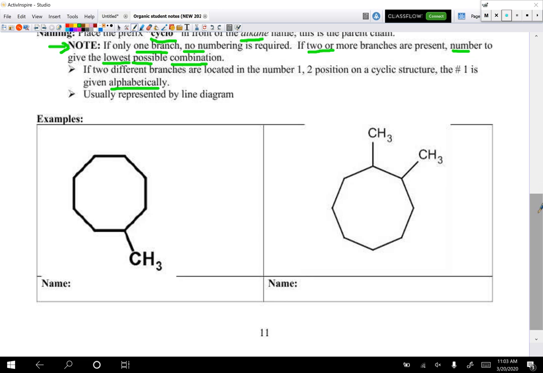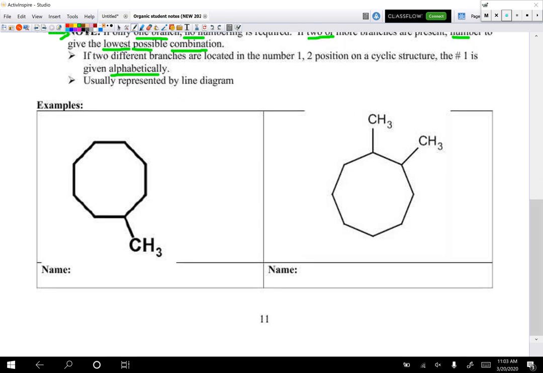So let's have a look at our first few examples and start naming them. Our first step is that when we look at a cyclic structure like the one we have right here, we first count how many carbons there are. I'm also going to place carbon 1 where I get the lowest possible combination. In this case, we only have 1 branch, this one right here, so carbon 1 is going to be right on the branch. This satisfies the rule that carbon 1 is closest to our first branch.